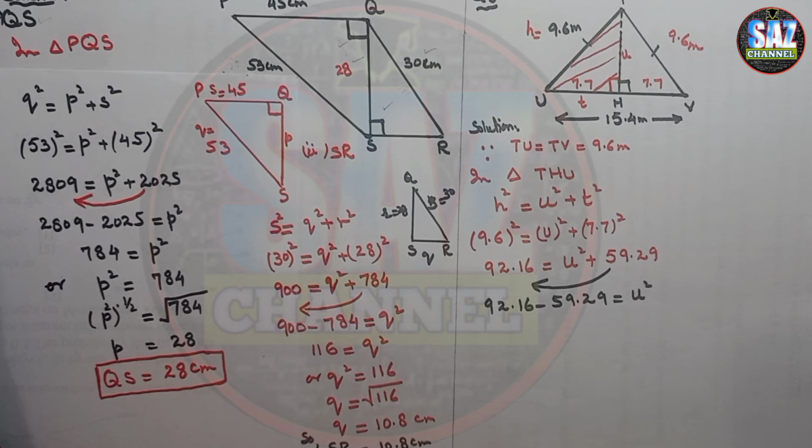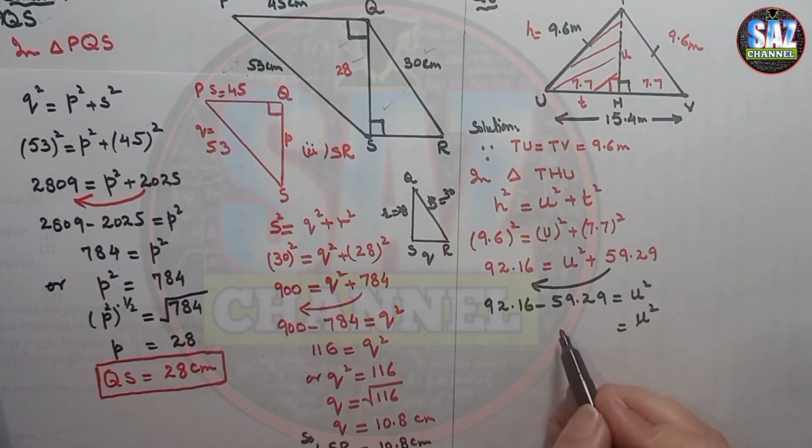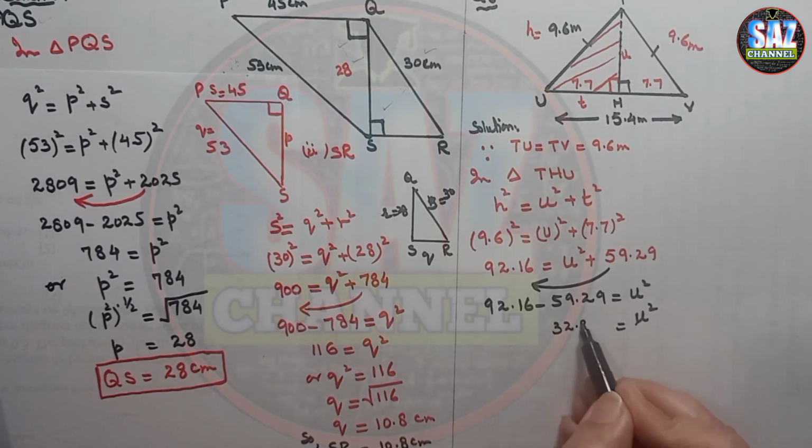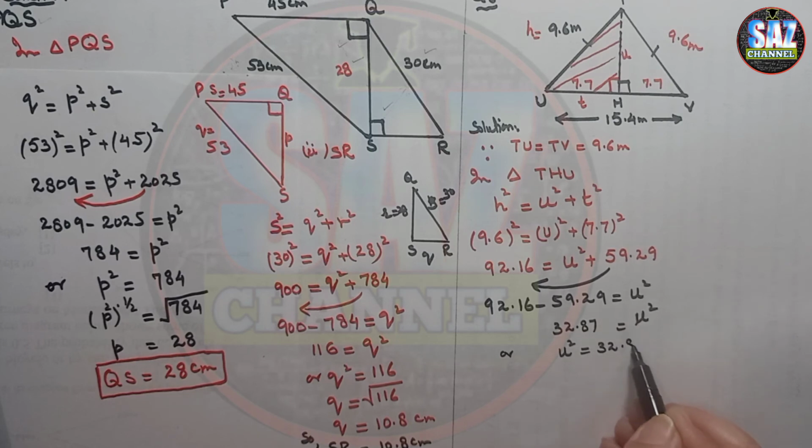This gives me 32.87. So U square equals 32.87, and in order to get the value of U, I have to take the square root on both sides. U equals the square root of 32.87.